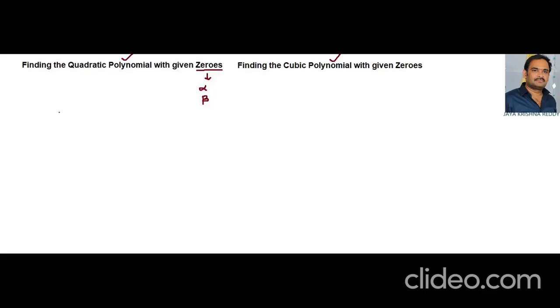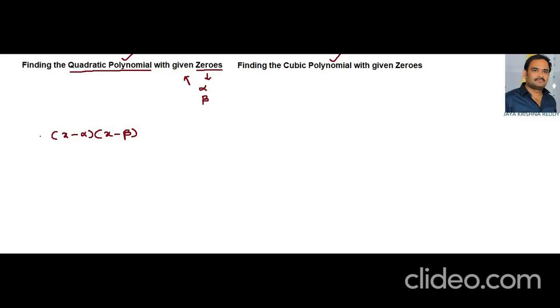If the alpha and beta values are given in the question, by using them we have to find the quadratic polynomial. What is the formula to find the quadratic polynomial? That is x minus alpha into x minus beta.